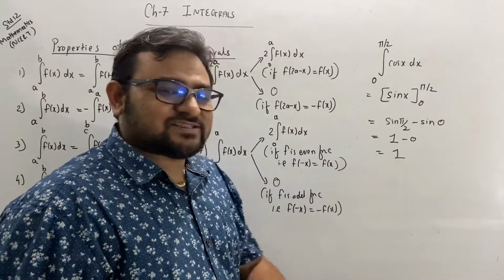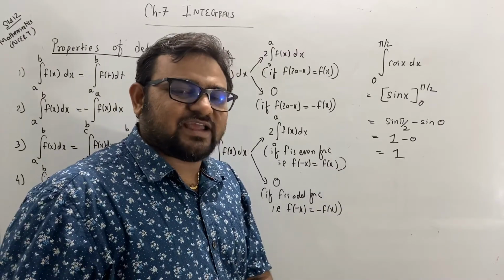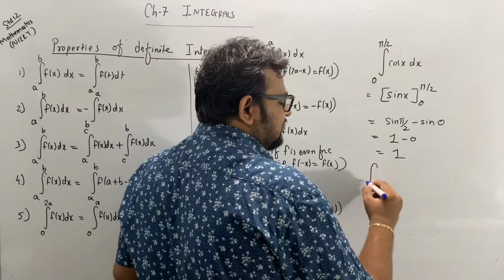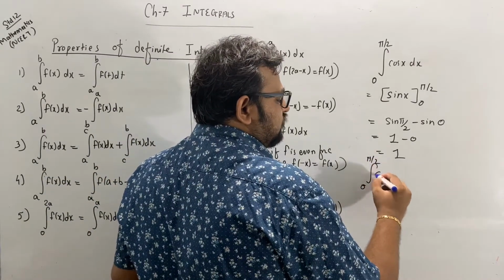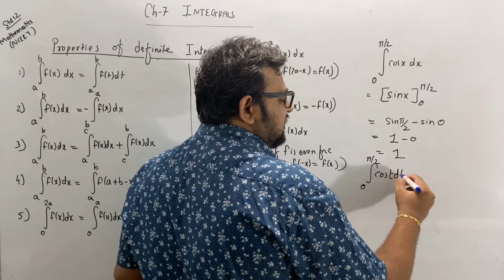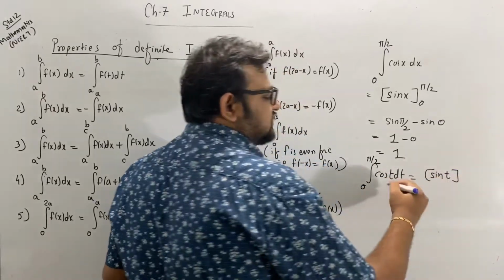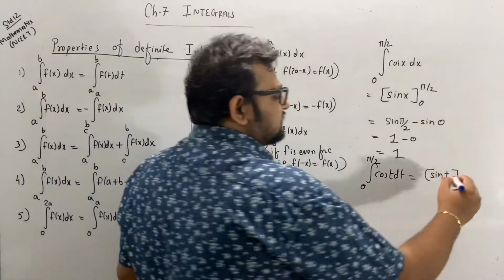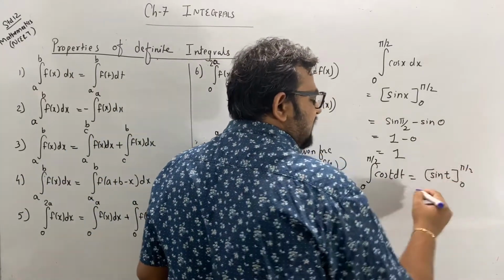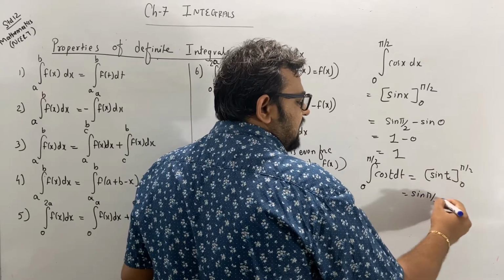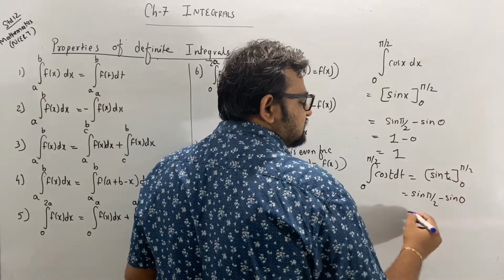Now let's say if we are taking, instead of cos x, cos t, 0 to pi by 2 cos t dt. Now it will be similar. Integration of cos is sine, 0 to pi by 2. Now when I'm putting the value instead of t, I will use sin pi by 2 minus sin 0.